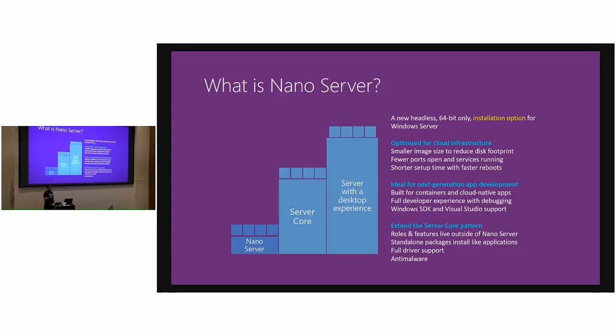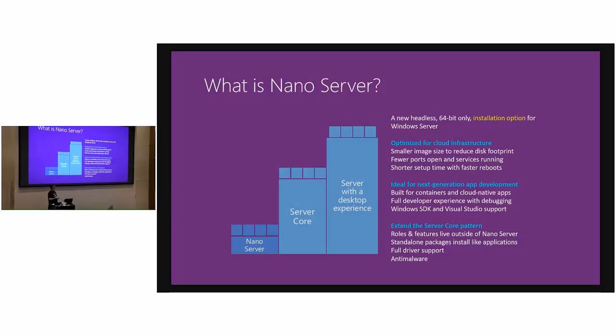Nano Server is a new headless installation option. It's not a new SKU. You still have standard and data center SKUs for Nano Server as well. It's only 64-bit, and it's optimized for cloud infrastructure, right? So what does that mean? That means that first, it's much smaller, so you don't need a lot of disk space for it.